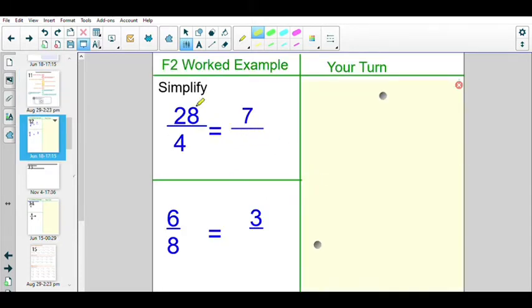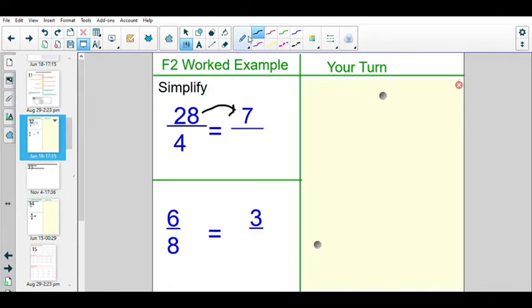To simplify this fraction, 28/4, we have an equivalent fraction that shows the numerator is 7 and we want to find the denominator. I need to see what do I divide 28 by to get 7. That has to be divided by 4 to get to 7.